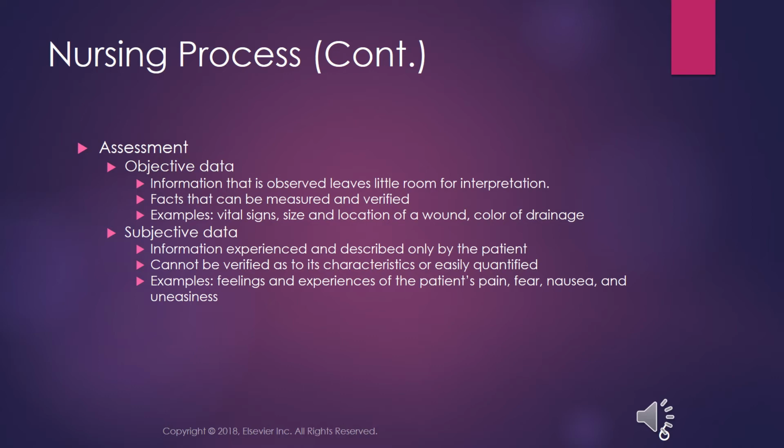It cannot be verified as to its characteristics or easily even quantified. Examples would be feelings and experiences of the patients, uneasiness, and we said before, pain, fear, nausea. You can't tell how much pain they're in, only they can tell you that. That is subjective.